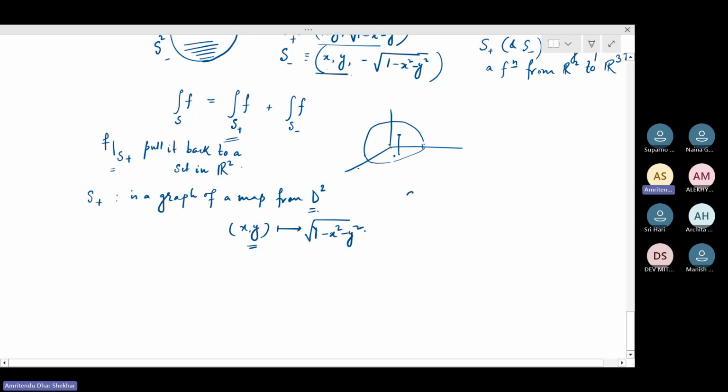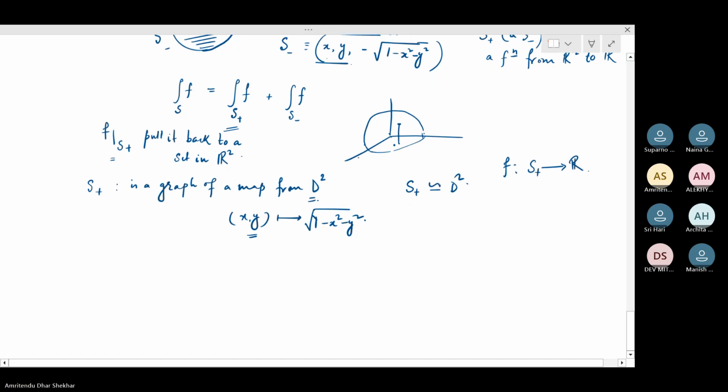So essentially S plus is diffeomorphic to D2, right? And you have this function f, which is defined from S plus to R, and you can pull it back to D2. So you do an integration. So this integral of f over S plus is basically the integral of f over D2. Okay.